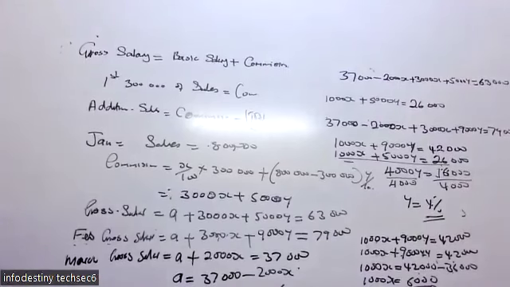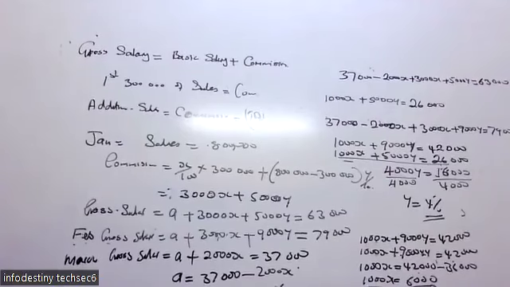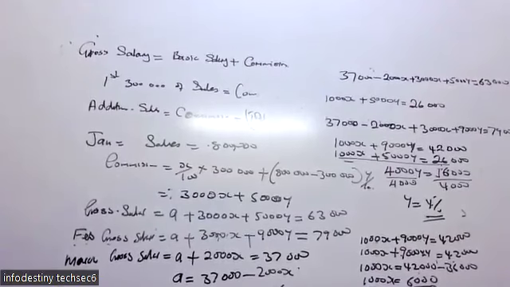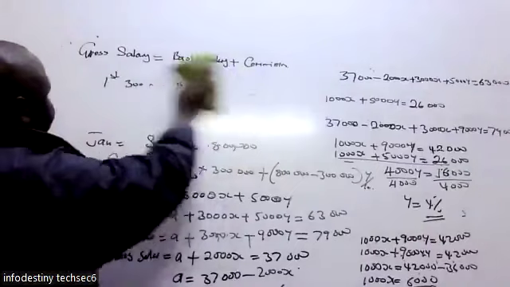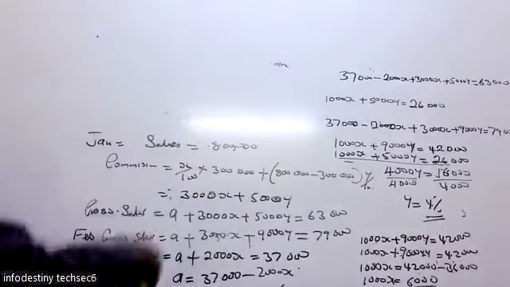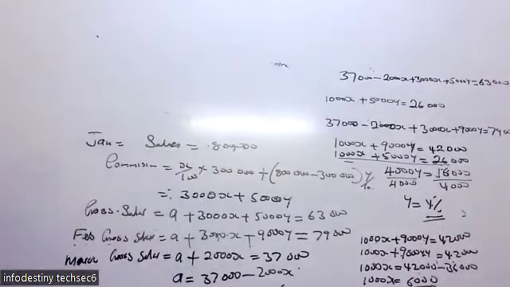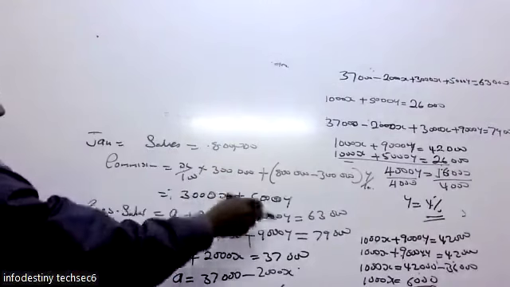Now the next one, they want us to compute for the gross earning for the month of April 2018 if the sales made a sales of 1,500. Now, in this case, before I go to that, I want us to find out this one. So I want us to get this.